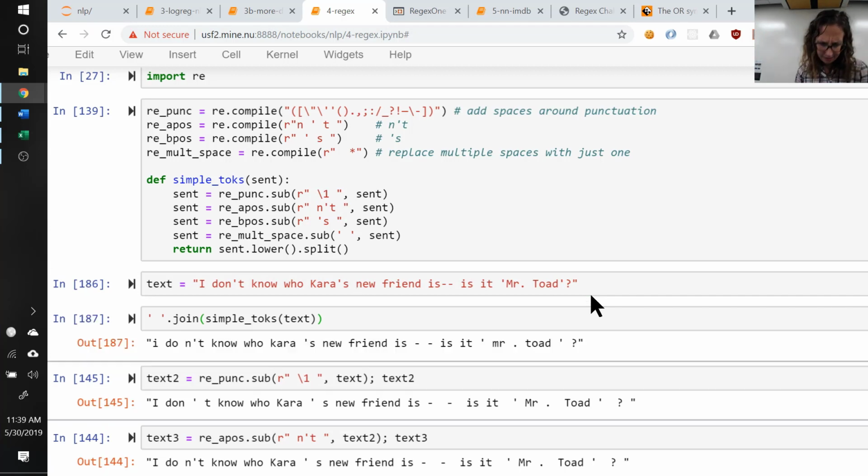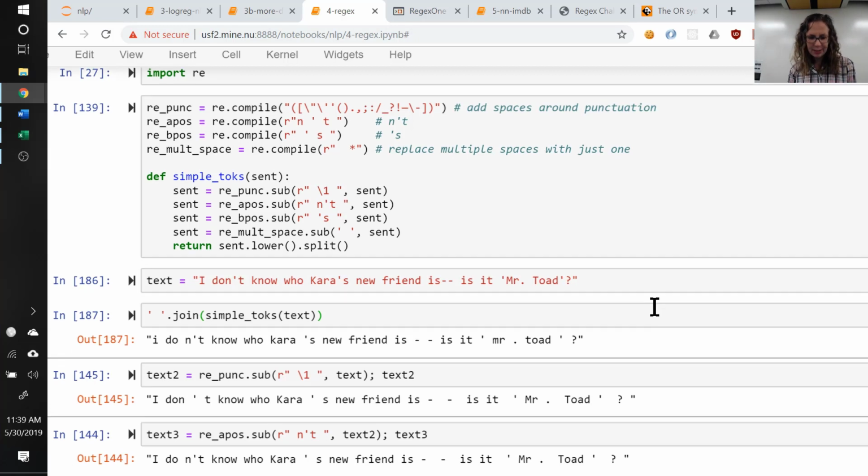Well, this is the final output we'll end up with. In this case, do, n't. We've added spaces around the double hyphen, spaces around the quote mark. Kara's, we've got the apostrophe S.